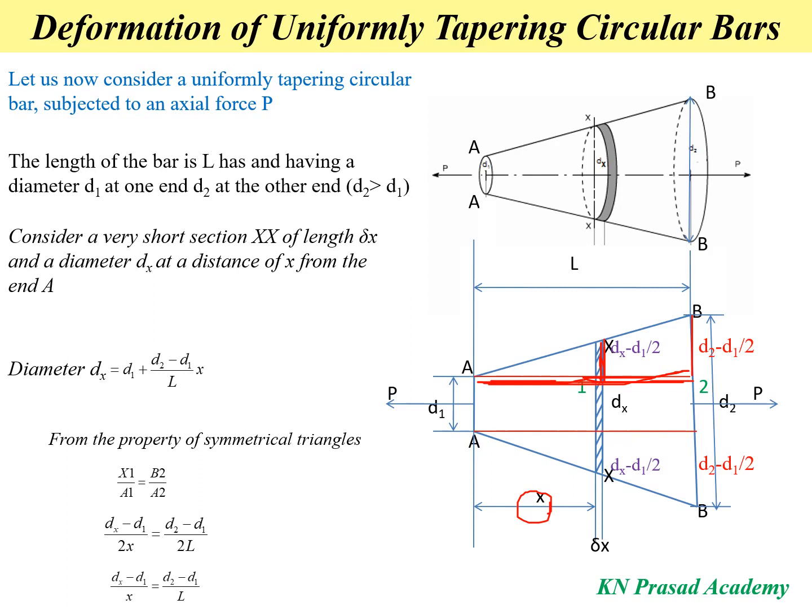Similarly we know the b2 value, which is (d2 minus d1) divided by 2, and the a2 value is the length of the bar, that is capital L. Substituting these values, it becomes (dx minus d1) divided by 2x equals (d2 minus d1) divided by 2L. Here the 2 gets cancelled. Then (dx minus d1) divided by x equals (d2 minus d1) divided by L.